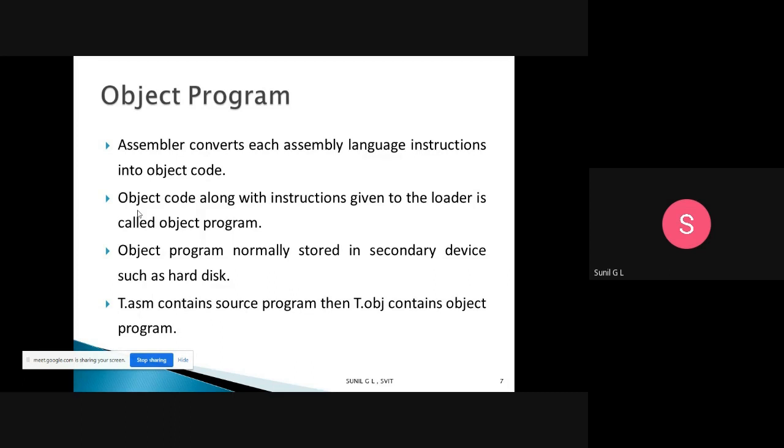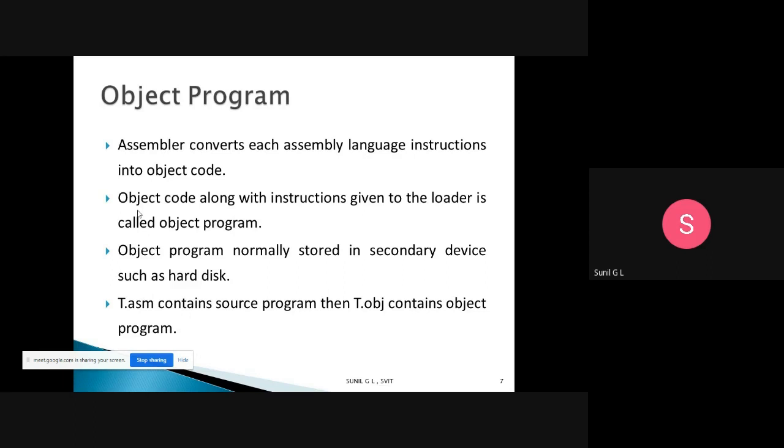For example, suppose you are using an assembly level language. The program name you give can be whatever you like, but the extension will be .asm. Here I am taking one example, t.asm. T.asm is nothing but one file name, and it contains the source program.